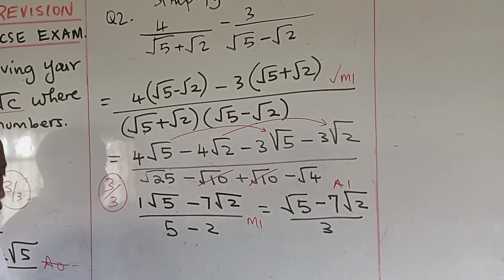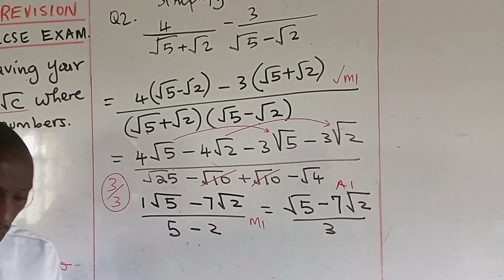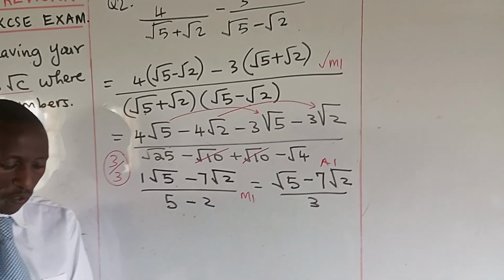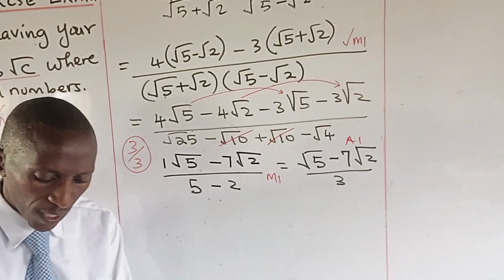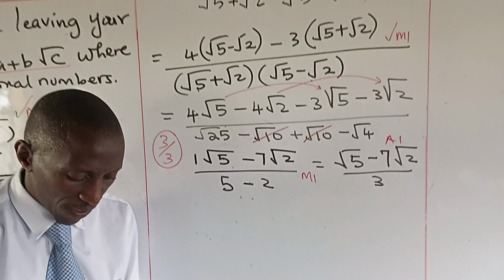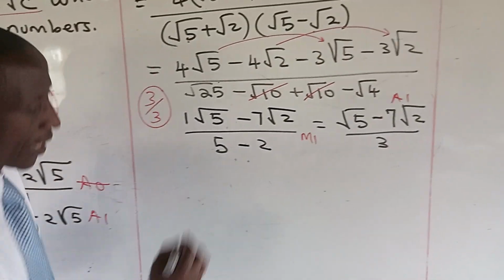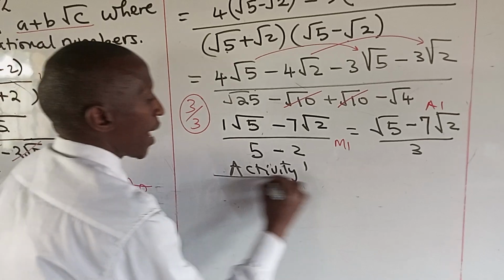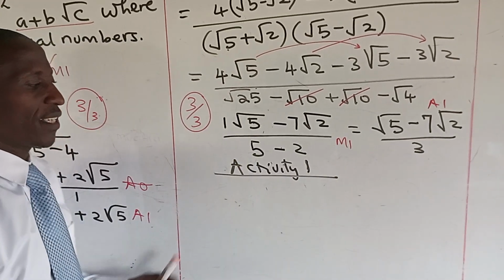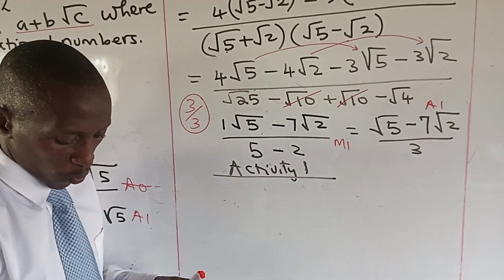I would like us to get an activity which we shall report during our live session, and that will be in the 10 minutes of this 40 minutes lesson. The activity 1, which is drawn from SATs, I would like you to note it down, work it out, and then you report on what you get.